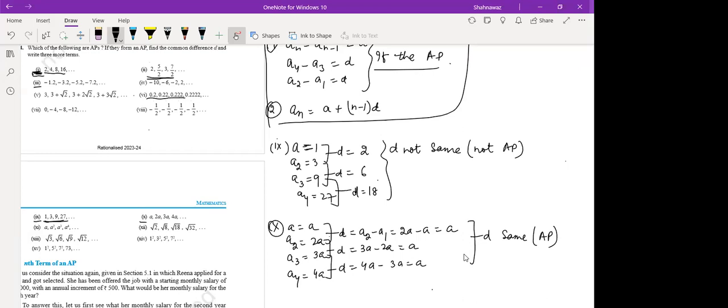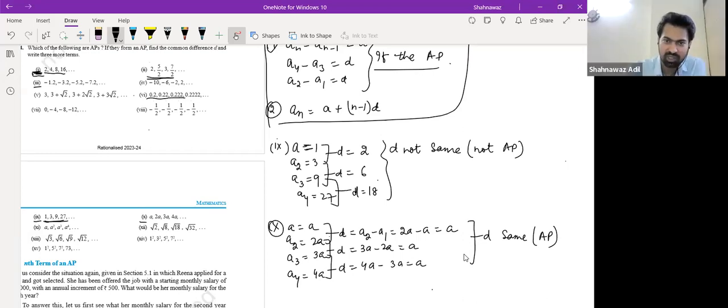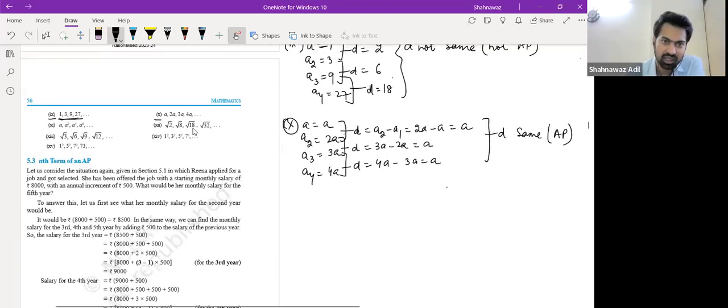And we can directly calculate the next three terms, so that would be 5A, 6A, and 7A.